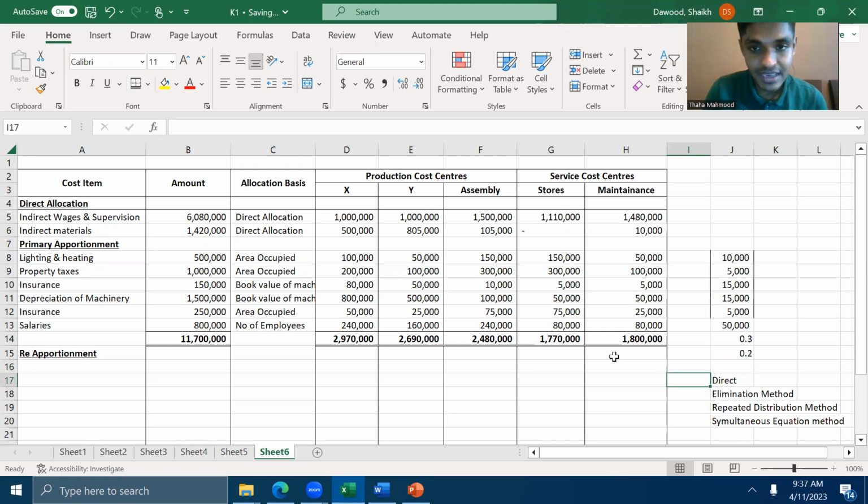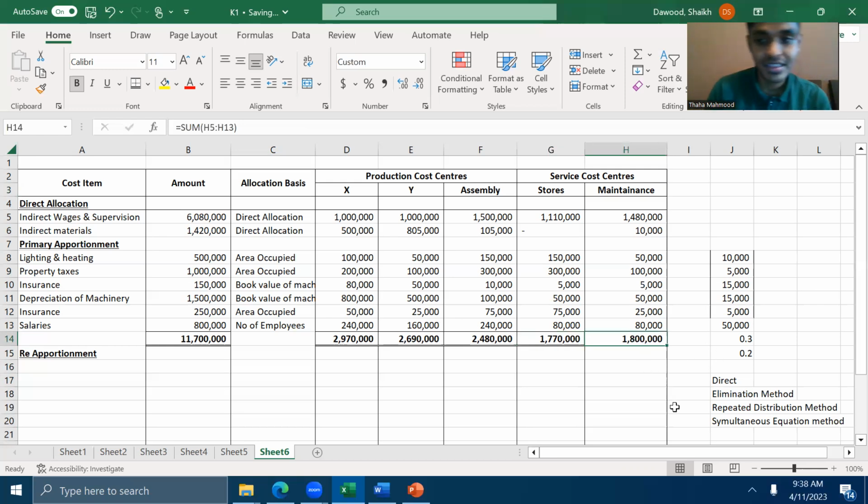In the direct method, we assume that these service cost centers only provide services to the production cost centers and they do not provide services to each other. In such situations we use the direct method. Now in this question we are going to use the direct method. We assume the stores and the maintenance department do not serve each other, so we are going to reapportion only to the production cost centers. Same with the maintenance department.